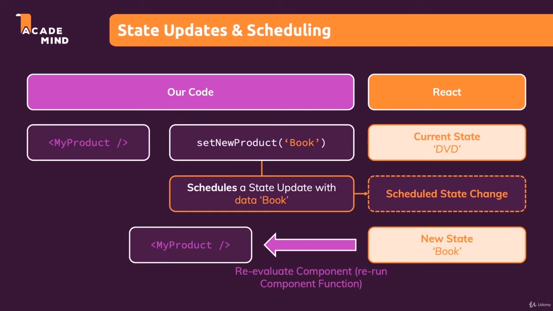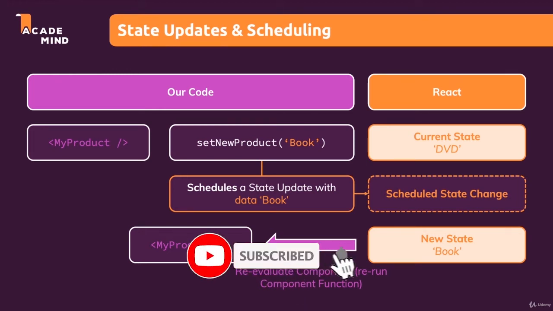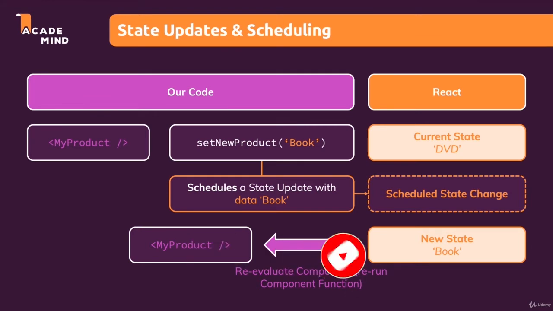It's not two scheduled changes with two upcoming component re-executions, but instead it's one scheduled change where all the different states you might want to affect are simply batched together. So state batching is another important concept you have to be aware of when working with React.